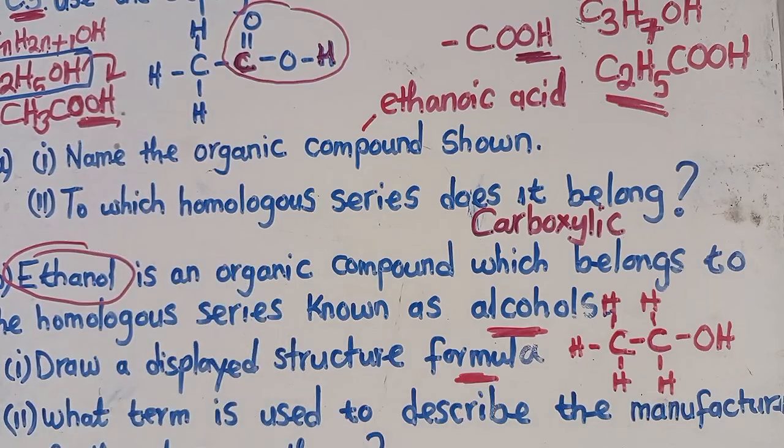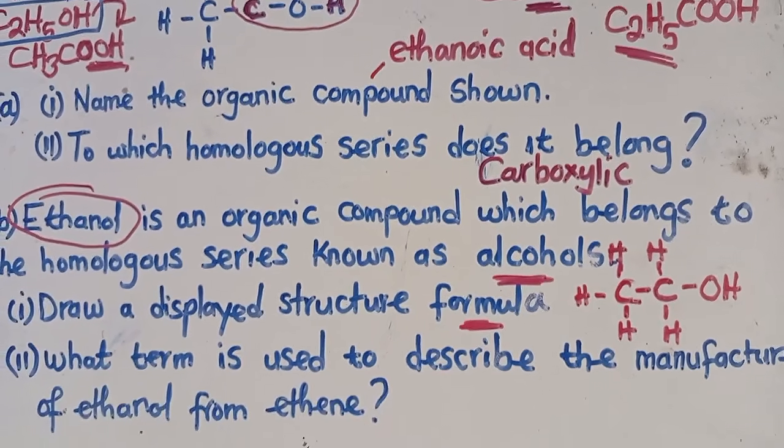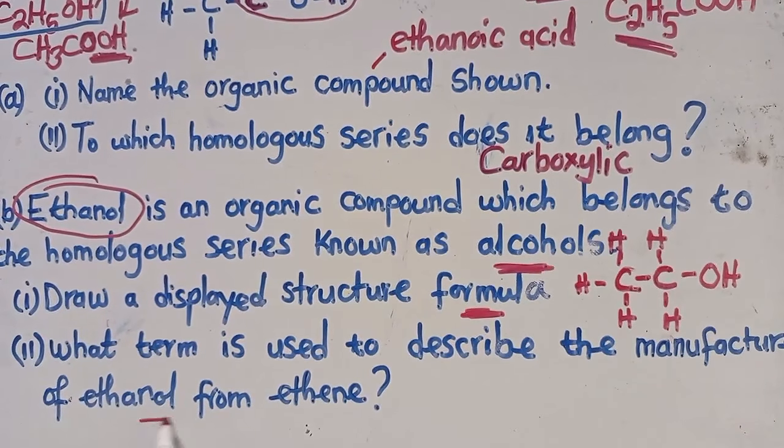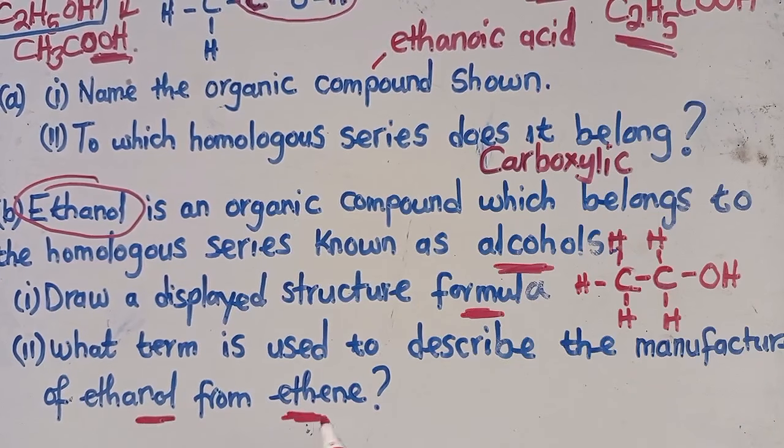Then we go to this particular question. They're asking what term is used to describe the manufacture of ethanol from ethene. Ethene is a hydrocarbon. A hydrocarbon is a compound that contains hydrogen and carbon atoms only, and this one has a double bond.